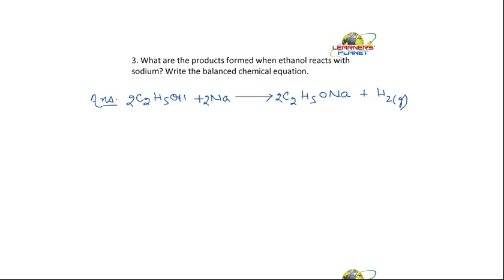Okay, it can be any alcohol. It can be pentanol, that is C5H11 and OH. If it is treated with sodium metal, what we will get here is sodium pentoxide, that is C5H11ONa and hydrogen gas.